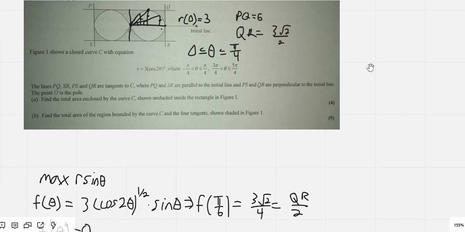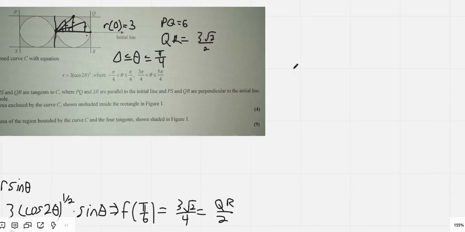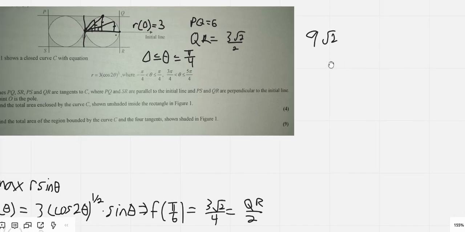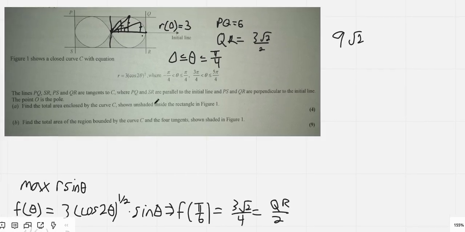Now we know that the area of PQRS, that rectangle, is equal to PQ times QR, which is equal to 9 times the square root of 2. And if we read the question again, we're trying to find the area enclosed by the curve, which is unshaded, and the area bounded by the curve and the 4 tangents. So basically these two areas have to add up to 9 square root of 2.